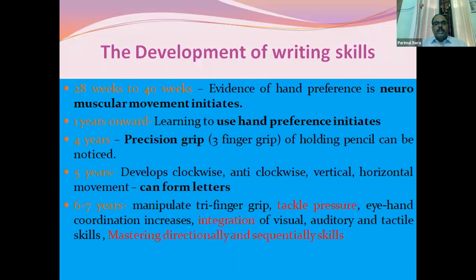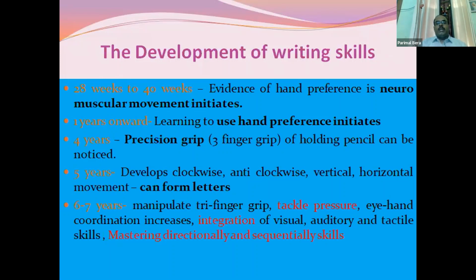Here my suggestion is, please do not change the hand preference. If the child is comfortable with the left hand, please allow the child to do day-to-day activities and academic activities with the left hand, because it is not based on the left hand or the right hand, it is based on brain function, whether the left brain is functioning predominantly or the right brain is functioning predominantly.